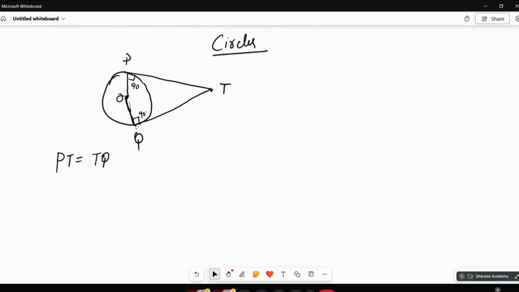The second one is the 90 degrees: the radius and the tangent at the point of contact make an angle of 90 degrees. So OQT is equal to OPT, that is equal to 90 degrees. So these are the two important theorems.